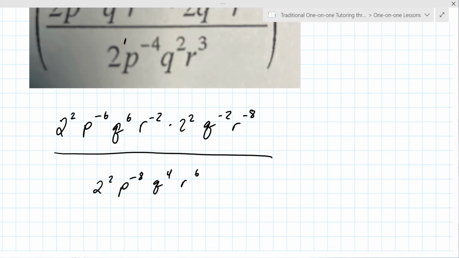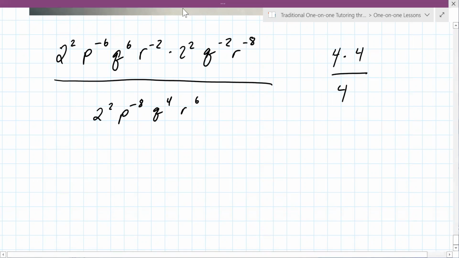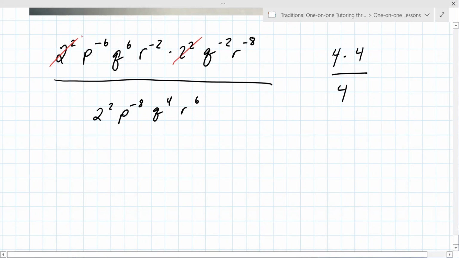Got it. So now, lots of options here. I'd probably handle the numbers first. So I'd say, okay, that's 4 times 4 up top over a 4 on the bottom. And notice, let me cross those out here.